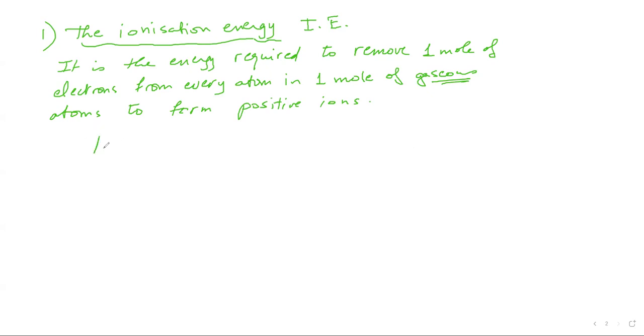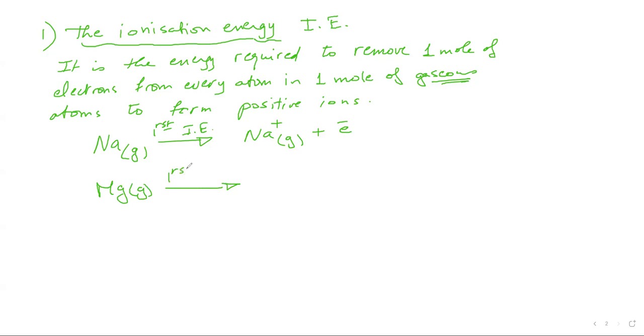For example, if I want to form the sodium ion from the sodium atom in the gas state, then using the first ionization energy, it will remove an electron from the sodium atom and form sodium ion in the gas state plus electron. This is called the first ionization energy, to remove the first electron. But if I have something like magnesium, then by the first ionization energy, it is going to remove an electron, forming magnesium ion in the gas state plus electron.